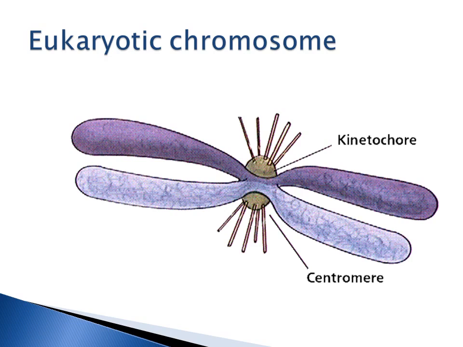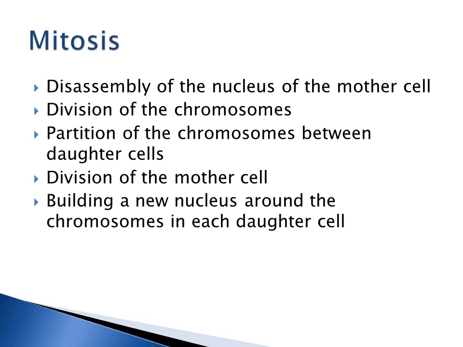Here's a eukaryotic chromosome schematic, and you have your centromere and your kinetochore in the center of the chromosomes. For eukaryotic cell division, we have mitosis and meiosis. So first we're going to discuss mitosis. In mitosis, you get the disassembly of the nucleus of the mother cell.